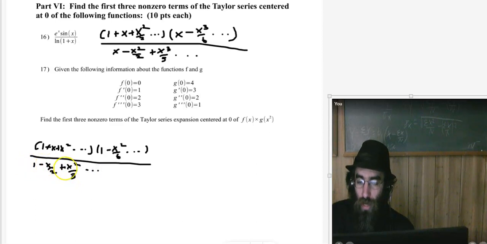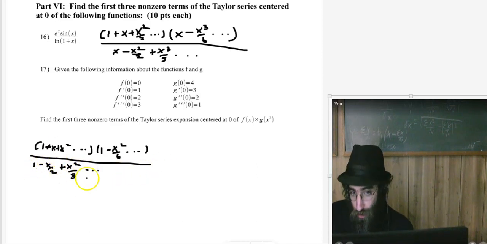I have 1 minus stuff, so I can express that as a geometric series. Dividing by that is the same as multiplying by 1 plus the stuff I'm subtracting plus the square of the stuff I'm subtracting.